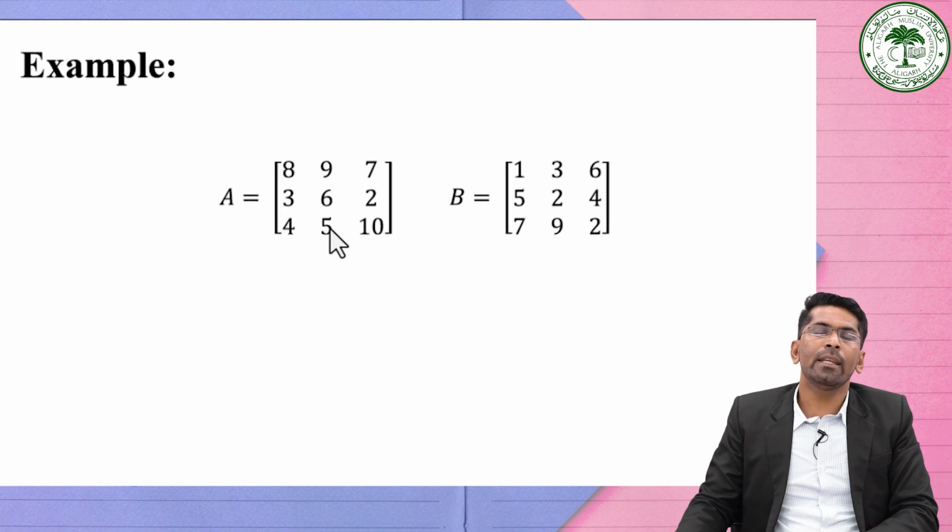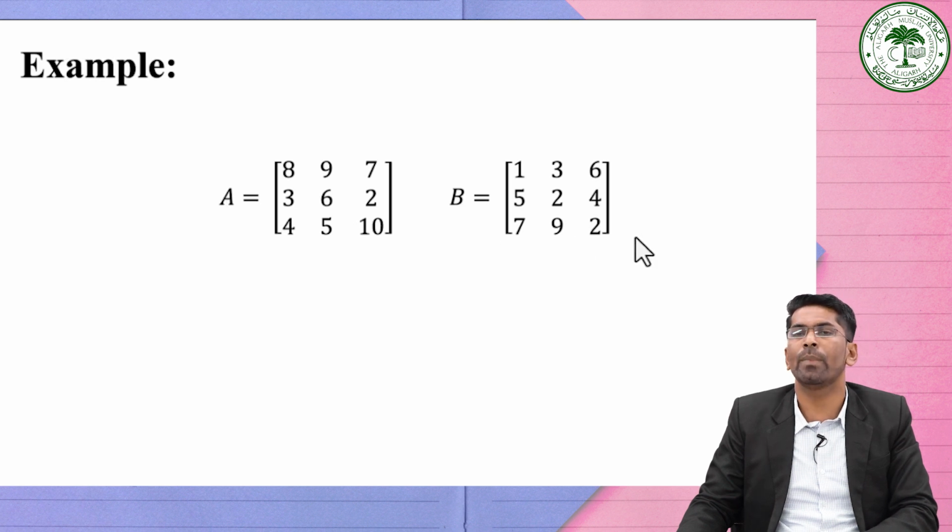In this way you can add two matrices. Consider another example of a 3 by 3 matrix. Matrix A is 8, 9, 7, 3, 6, 2, 4, 5, 10. Matrix B is equal to 1, 3, 6, 5, 2, 4, 7, 9, 2. We have the same order. Matrix A is a 3 by 3 matrix, and matrix B is also a 3 by 3 matrix. So we can say that matrix addition is possible.